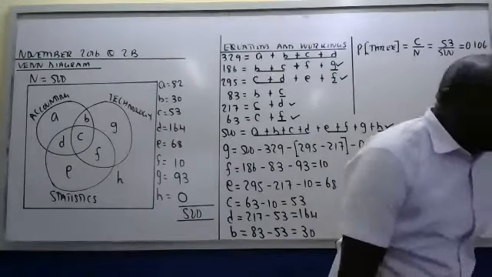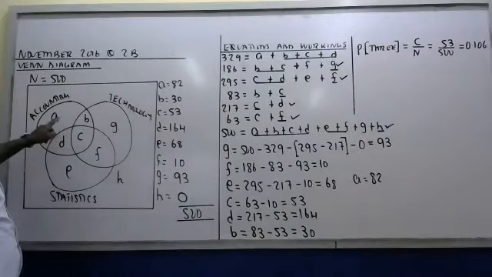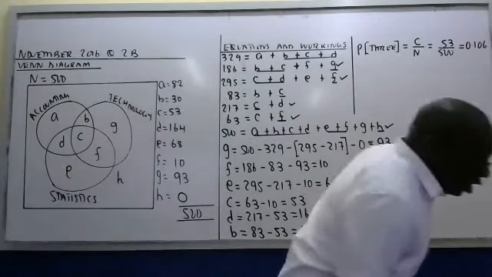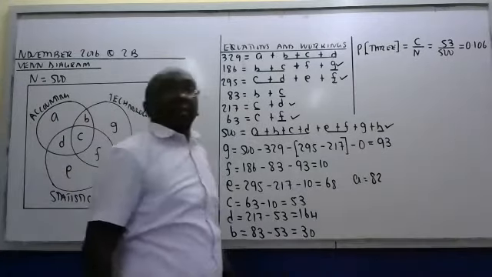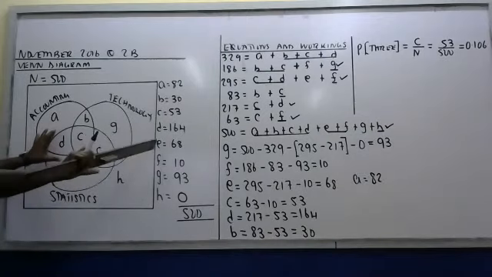The next one is probability that a student is enrolled for accounting or statistics, but not for information technology. So this is how you argue it out. We want accounting or statistics, but not technology. So anyone who is in technology, we leave them out.